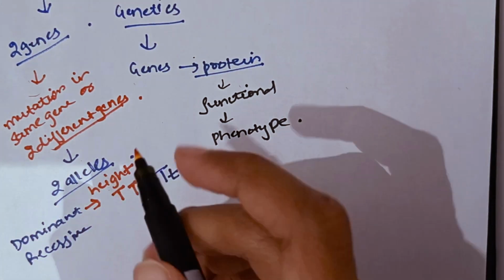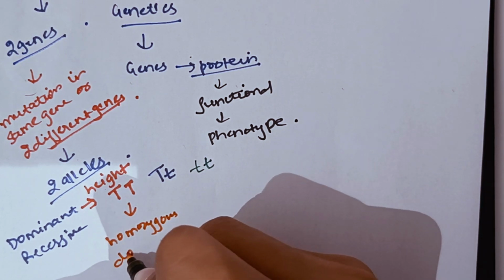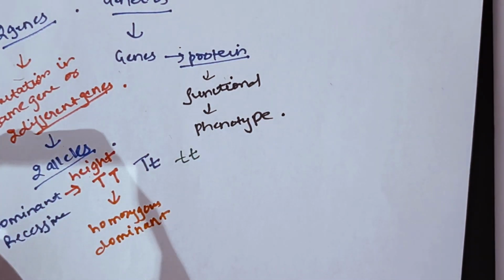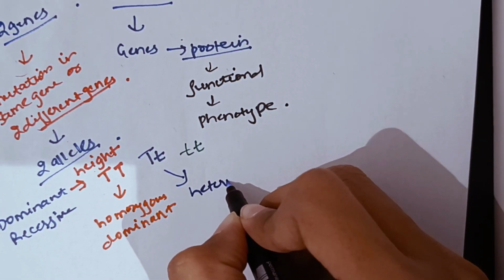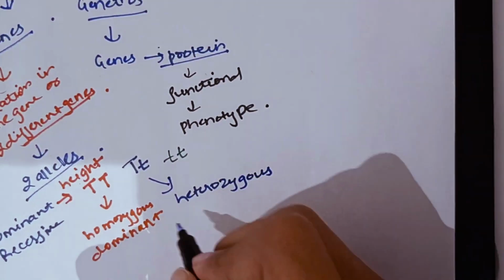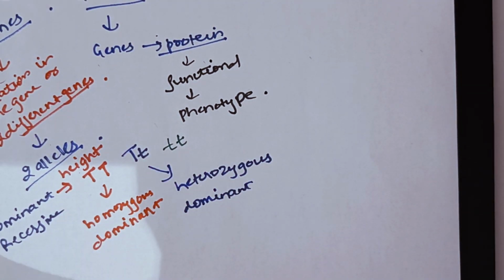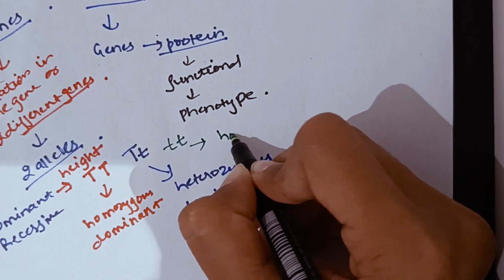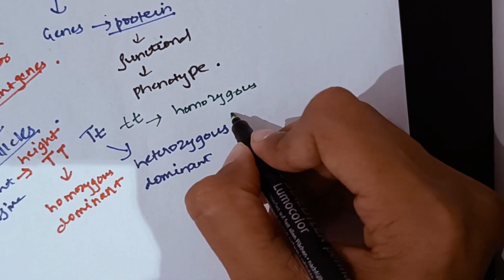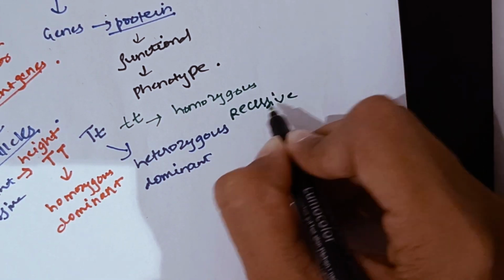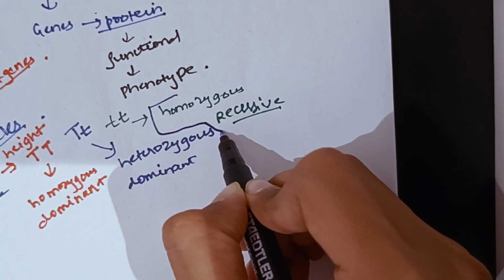So this is homozygous dominant, this is heterozygous dominant, and this tt is homozygous recessive. So what complementation system uses is this homozygous recessive.